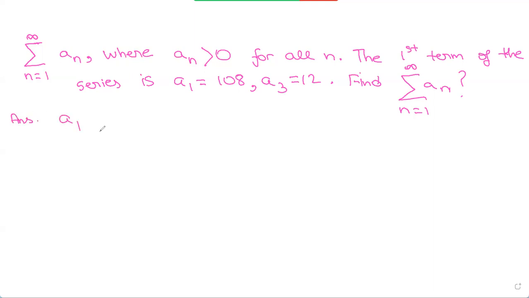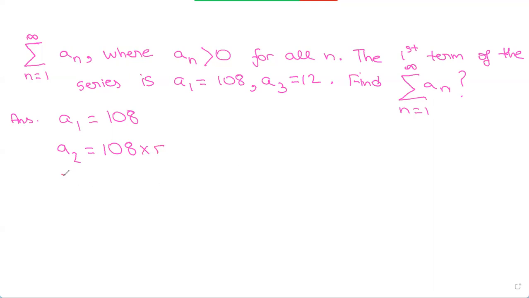So we know that a1 is equal to 108. So how do we find the second term and the third term to find our r value? We know that in a geometric series, the second term would be the first term multiplied by the common ratio.